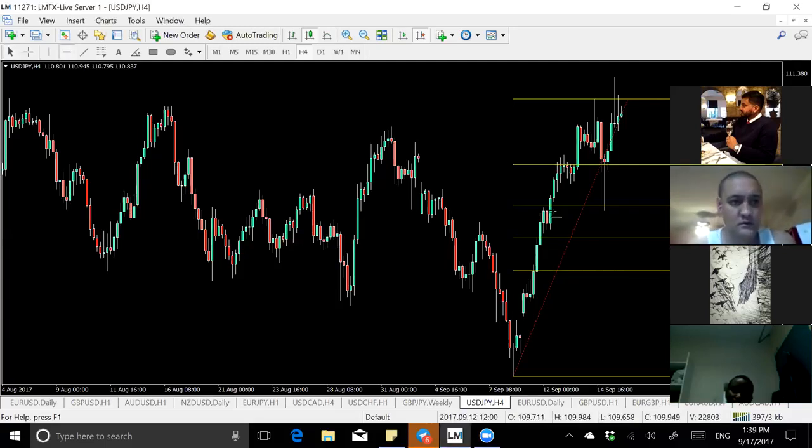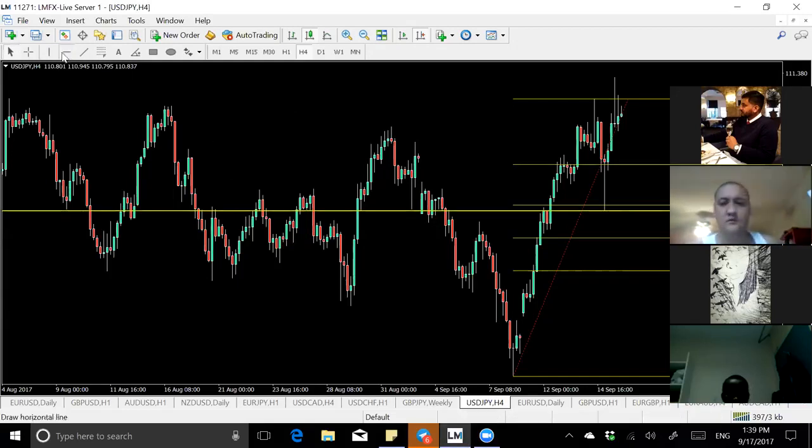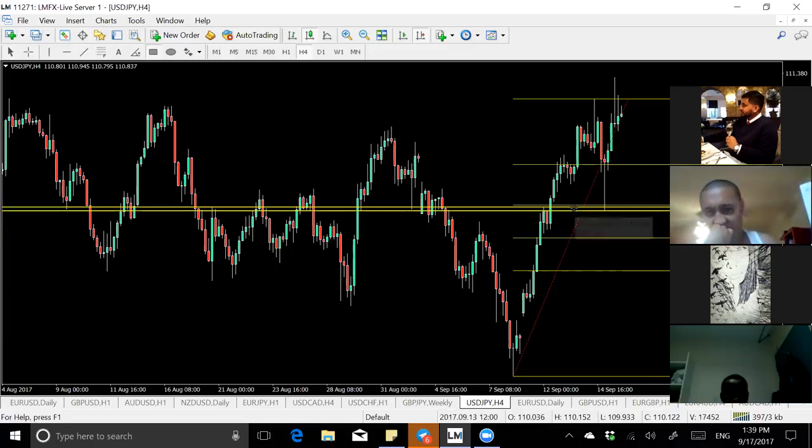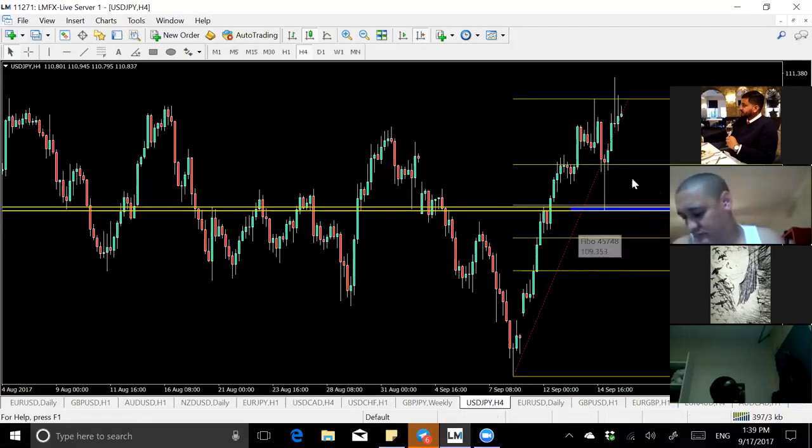Now, see, if I draw this support and resistance over here, which is just below the 38.2, does this make sense to everyone? You see how your broker didn't screw you up, the trade didn't go against you, it was nobody's fault.